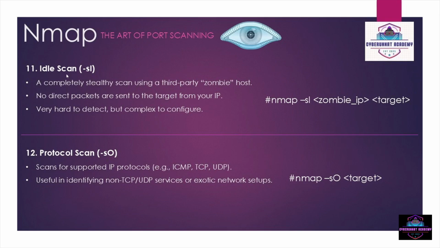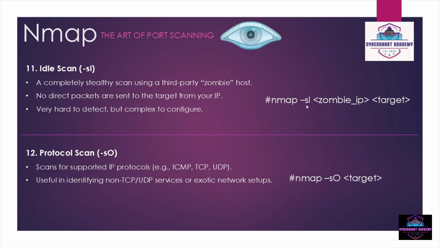Idle scan. It's a completely stealthy scan using a third-party zombie host. No direct packets are sent to the target from your host, meaning from your source. It's very hard to detect but complex to configure. So idle scan is used where you want to hide your host as the scanner.